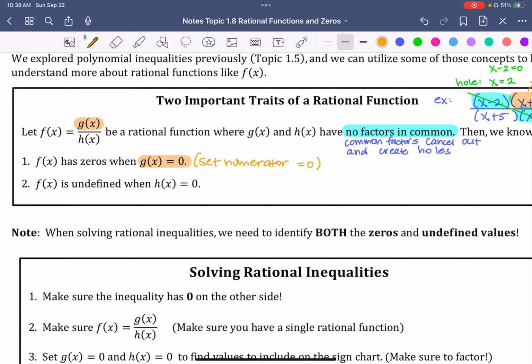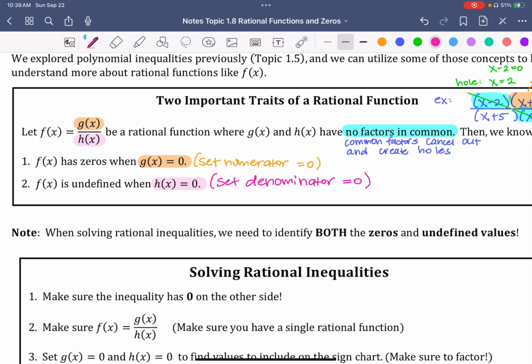For trait number 2, f of x is undefined when h of x equals 0. Notice that h of x is in the denominator, so when you set the denominator equal to 0, you get the values where it is undefined. Okay, so there are two types of discontinuities in rational functions. You can have holes and you can also have vertical asymptotes.